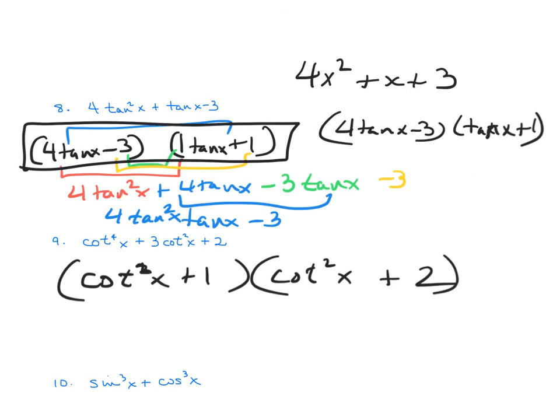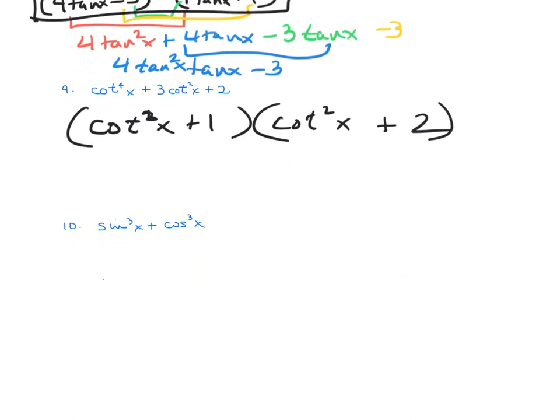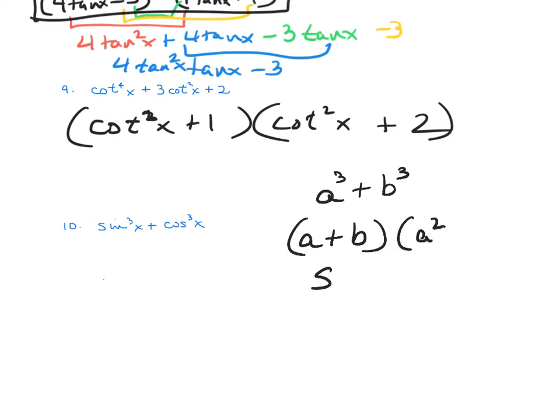The last one is a cube pattern. Let's remember our SOAP pattern. So remember when it was a cubed plus b cubed, we cube root a and b. So same sign, opposite, and then always positive. So SOAP. And this would become b squared.